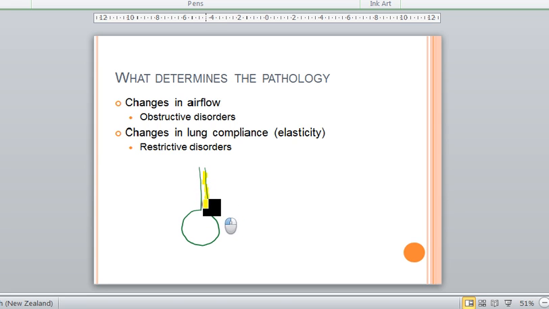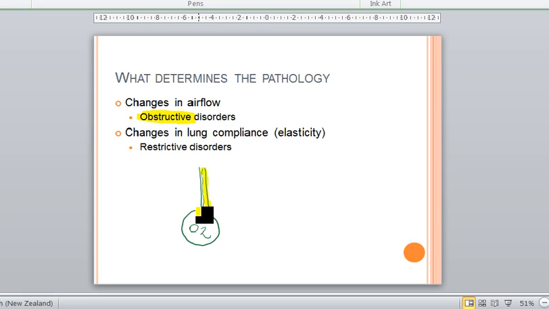You can actually see from the sound of my voice that I do have a little bit of a cold. So this excessive mucus that's being produced is narrowing my airways. Now I don't have as much room for oxygen to reach my alveoli. This is what we classify as an obstructive disorder.